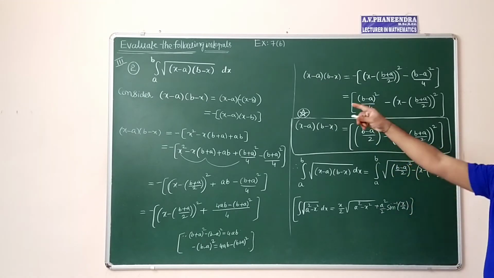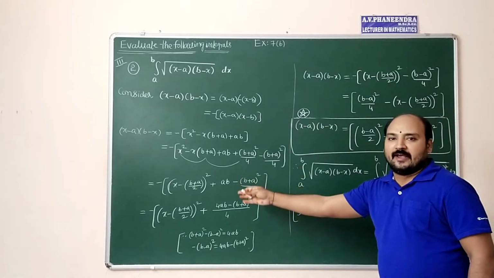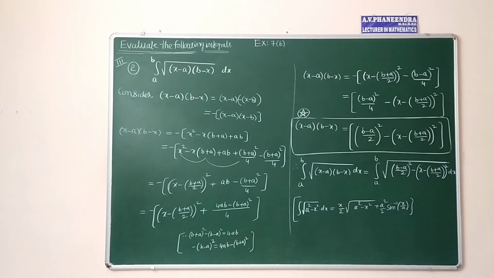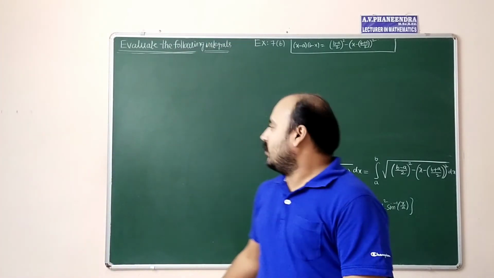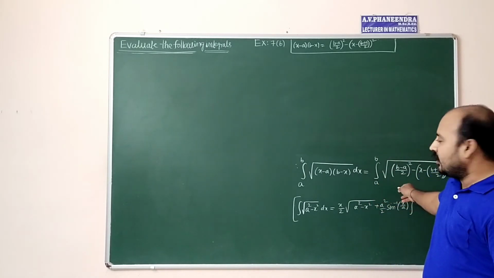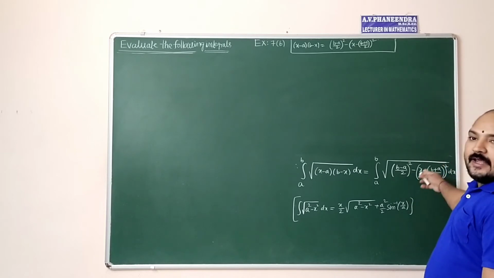But here it is a definite integral, no need to write c, I am just writing the formula. This formula I am going to apply in the next step. After that you can apply limits. So this is completely a square, this is completely x square.